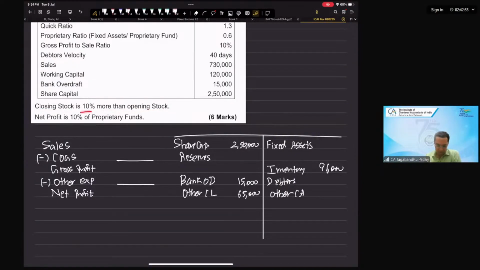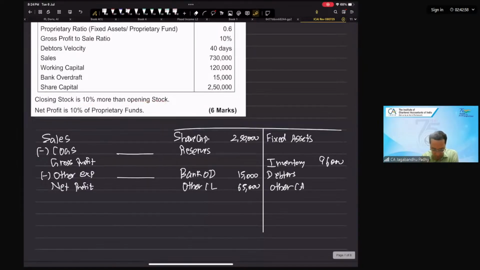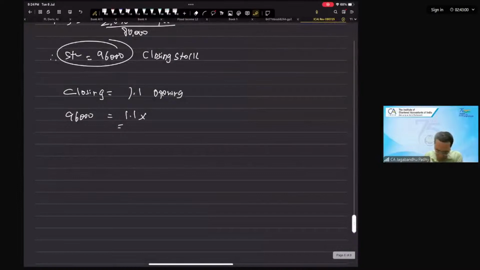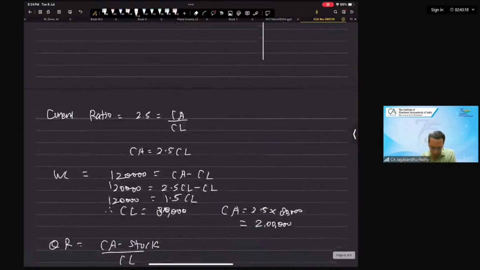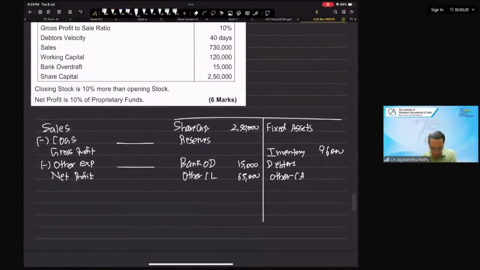So of course, the opening stock is going to be computed in this manner. Opening stock is going to be 96,000 divided by 1.1. That's 87,273. We don't need the opening stock anyways over here.